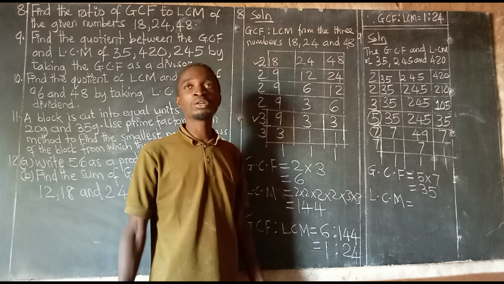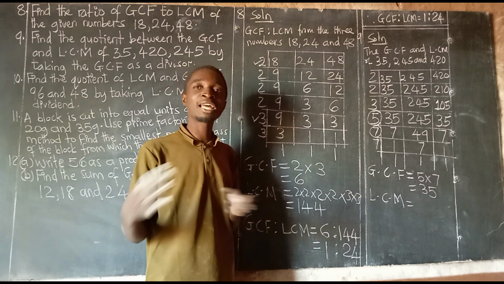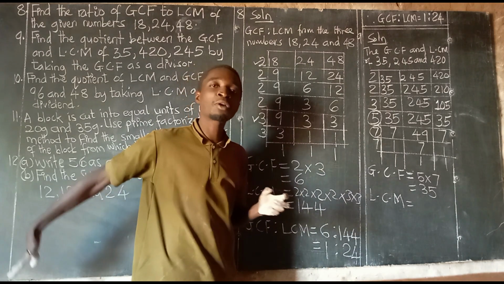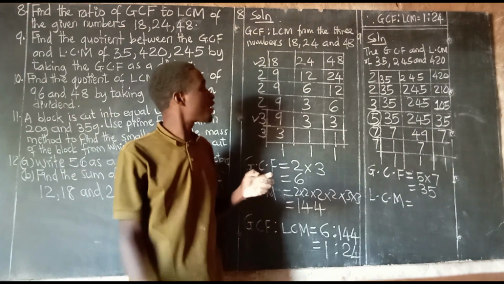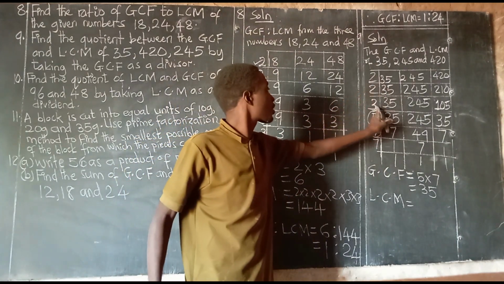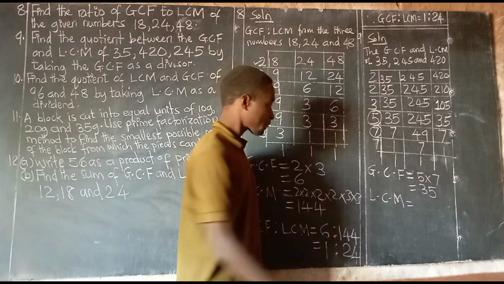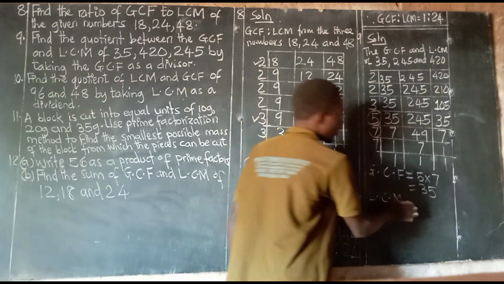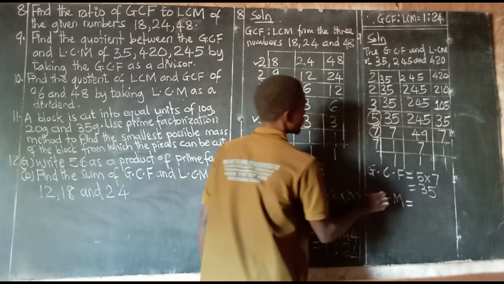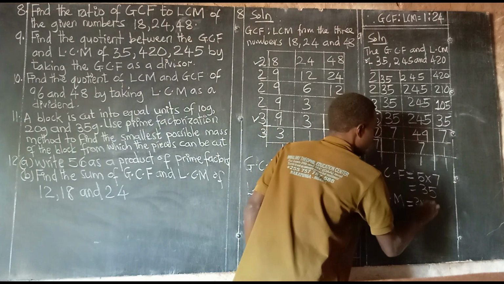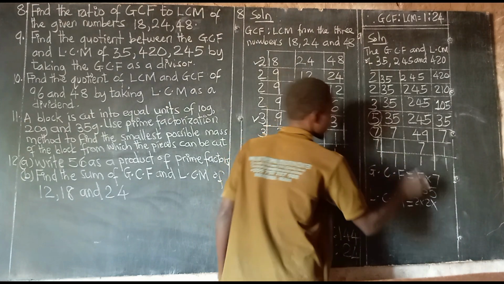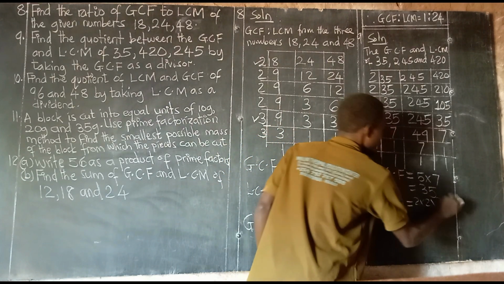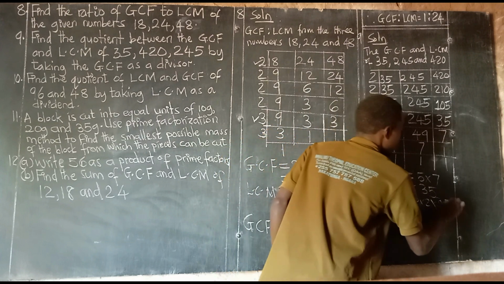We don't look at that criterion. We only take the product of all as they have appeared. We have 2, 2, 3, 5, 7, 7. So here the LCM will be 2 times 2 times 3 times 5 times 7 times 7.